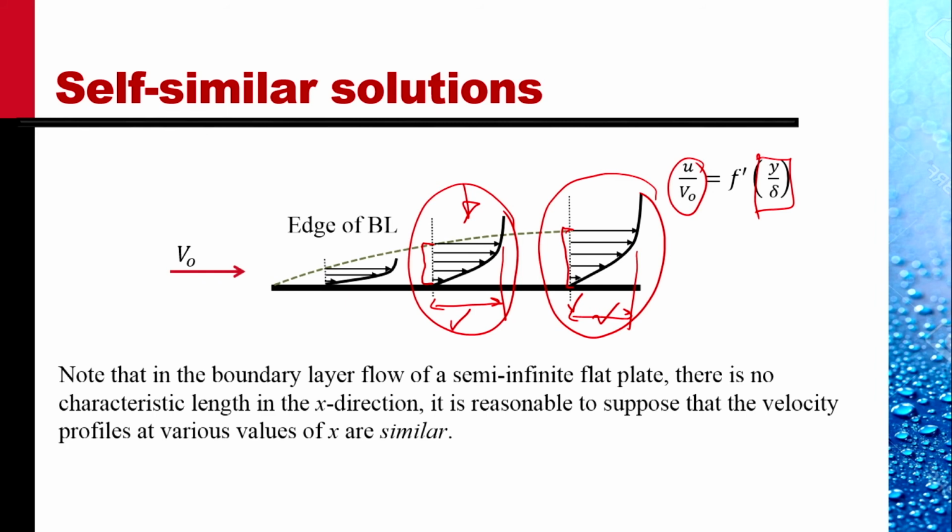Self-similar solutions are of great significance in many applications. In almost all such applications, the common factor is that there are no natural characteristic quantities of the two variables involved.